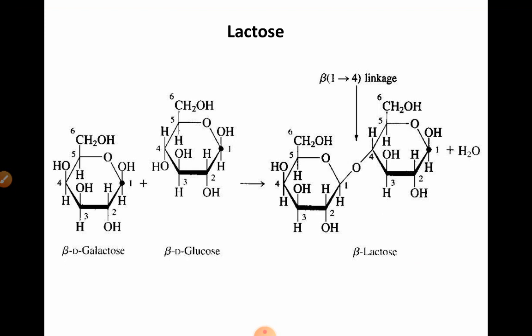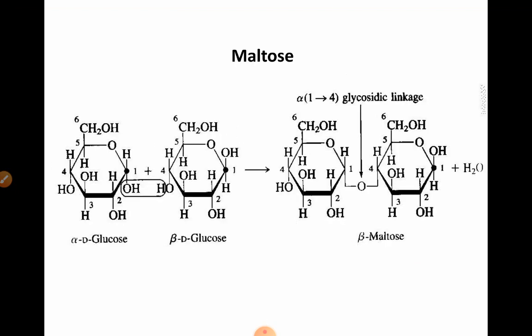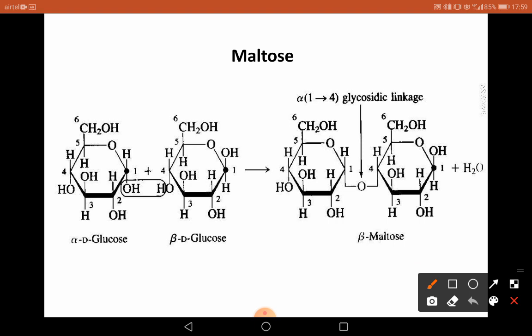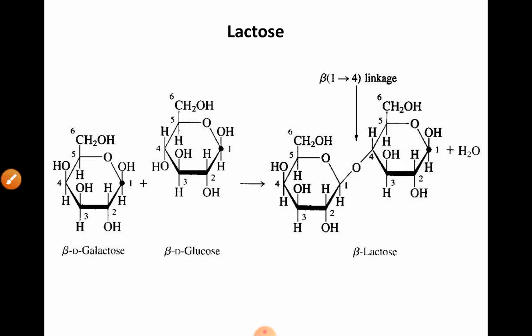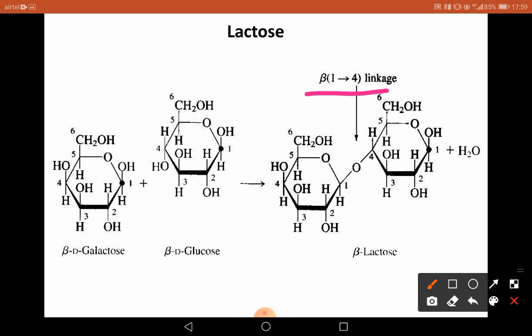And in lactose the linkage is beta. It's not an alpha linkage, rather it is a beta linkage. In lactose it is a beta 1,4 linkage. This is your 1 and this is your 4, and this is the glycosidic bond.